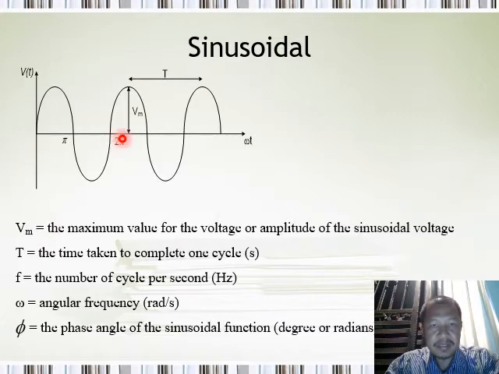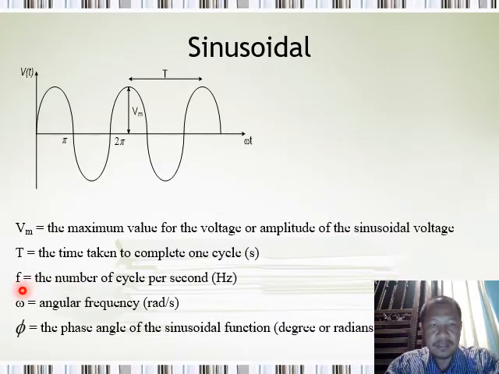Vm here is the maximum value of the voltage, or we call it amplitude. So Vm, normally we call it Vmax. T is the time taken, or period, time taken to complete one cycle in seconds.